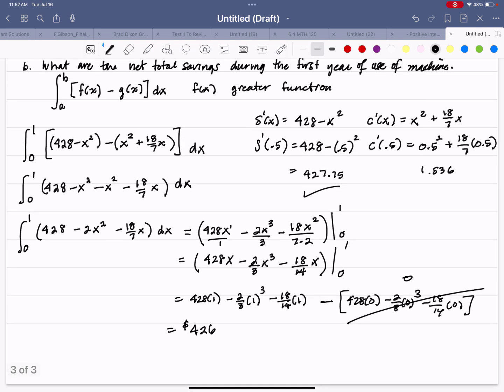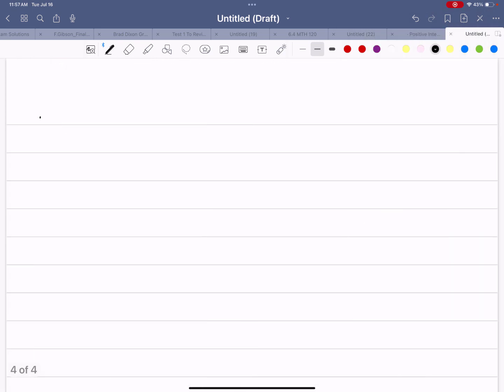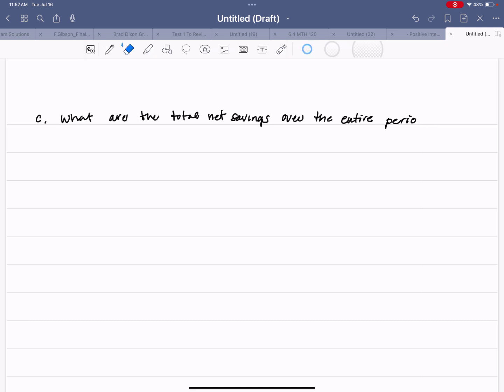Okay. Now the last part says, part C. So the last part is, what are the total net savings over the entire period of use of the machine?